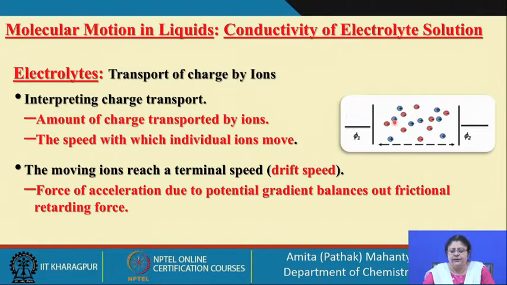If I have a potential difference applied across the two electrodes in an electrolyte, this phi 1 is one electrode potential, this is another electrode potential. The difference between the two is the potential difference across the two electrodes.